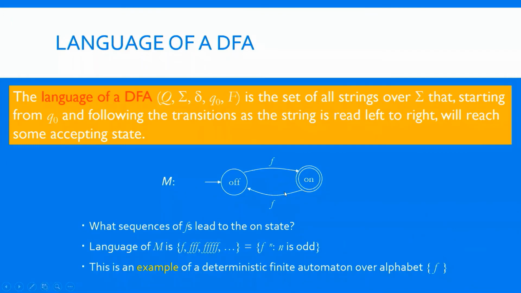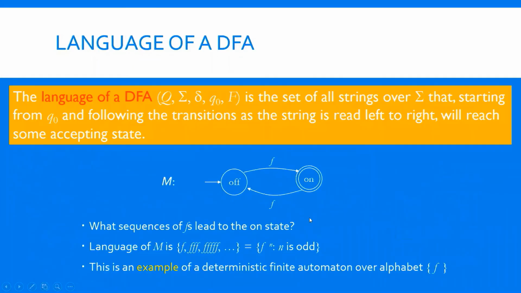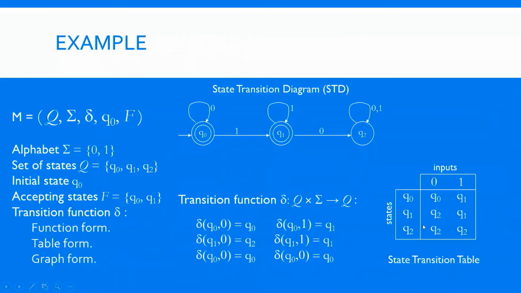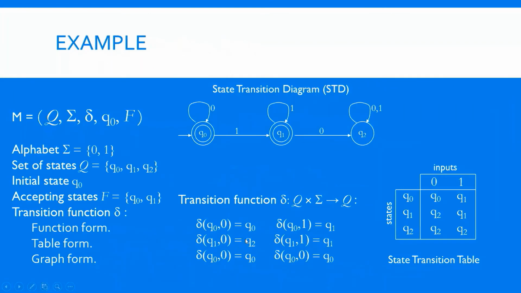I am giving you a task: write the function representation and table representation of this example. If you have understood, you can write down these 2 forms. Only one form I have shown. If there is a question that says write it in the function form, then you can also write it.